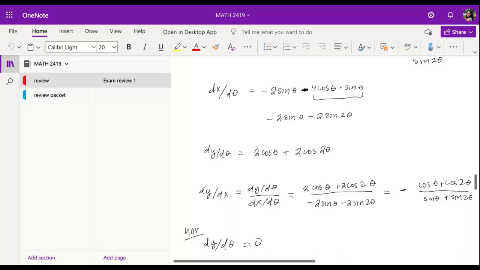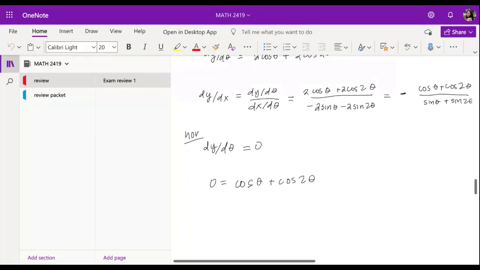The only way we can really solve for this is if we change the identities a little bit. Cosine 2 theta has another identity that we can use, and that identity is 2 cosine squared theta minus 1.